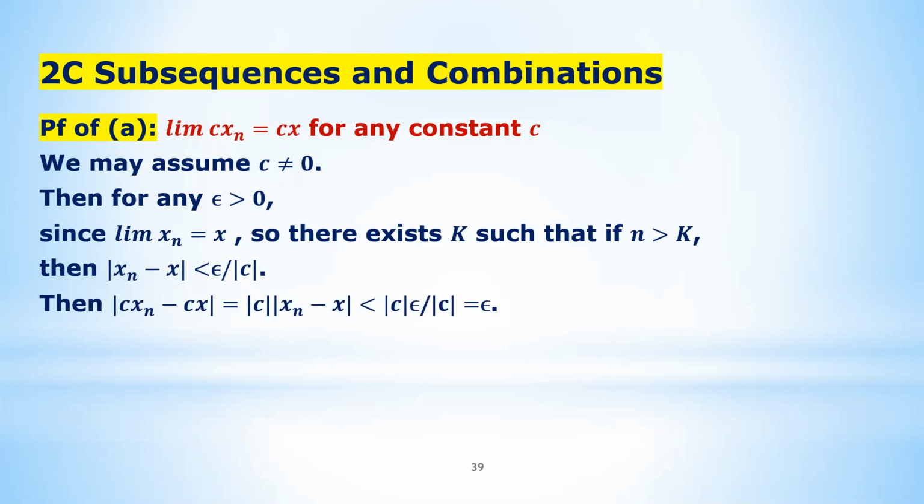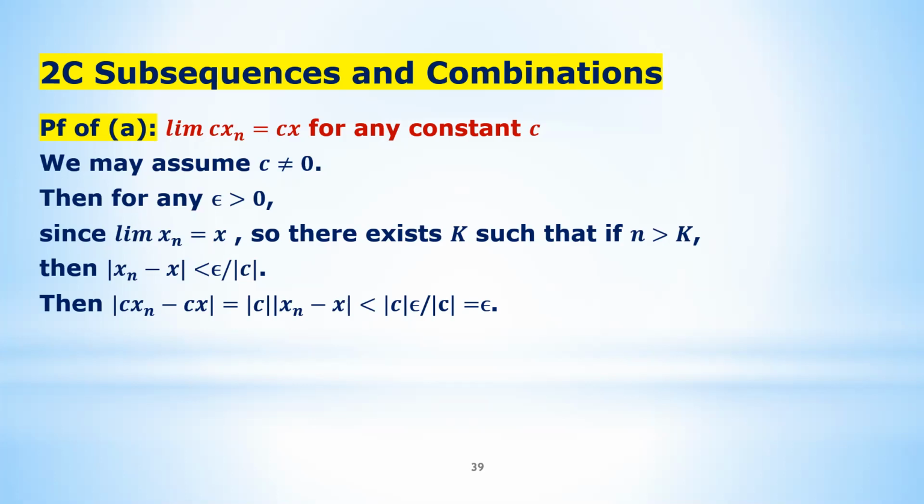The next step, you look at the new sequence, which is Cxn. Now you look at the absolute value of Cxn minus Cx. Obviously this equals the absolute value of C times the absolute value of xn minus x. So this is less than C times epsilon divided by C. Now you understand why we divide by C, because I have an extra C for the new sequence. Once I divide by C, C and C cancel, and you reach epsilon.